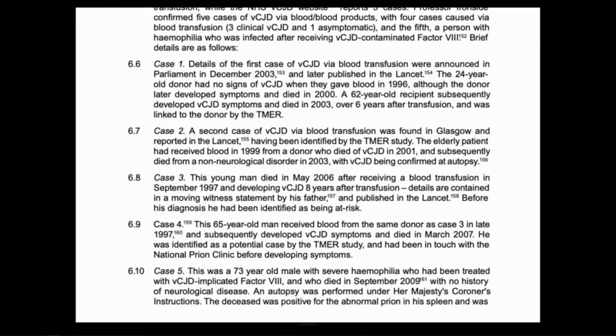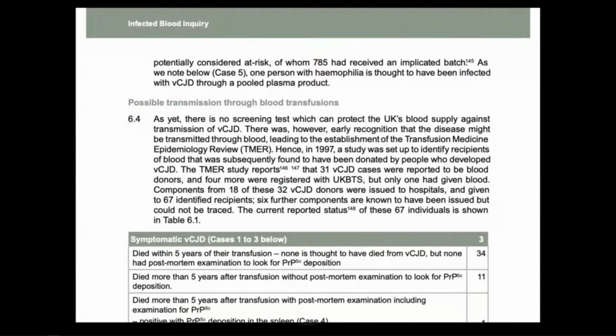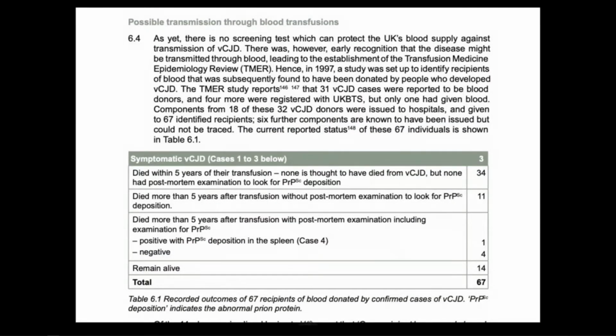blood products or blood. In relation to, if we go to just the previous page, paragraph 6.4, is it right to understand from paragraph 6.4 that it's known that there are recipients of donations which were VCJD implicated, but it's not known in relation to all of them what the position is?